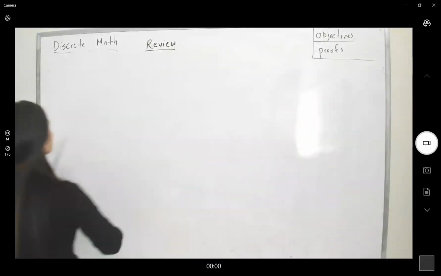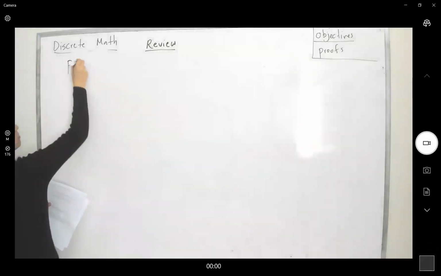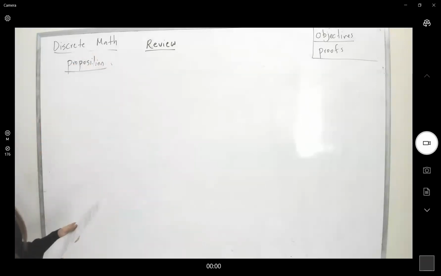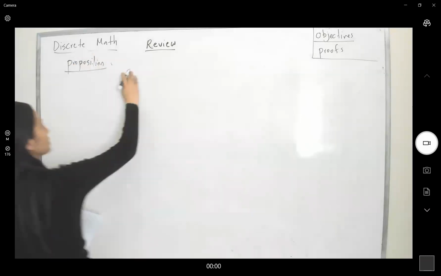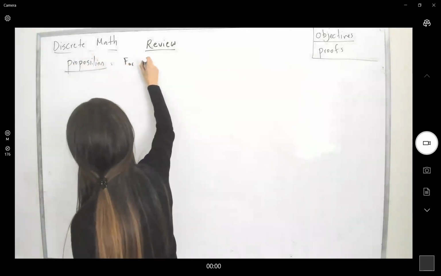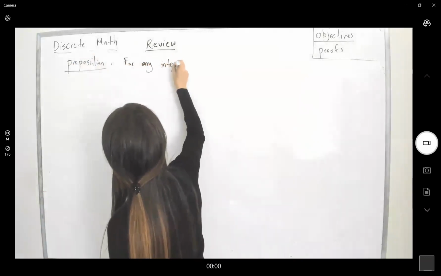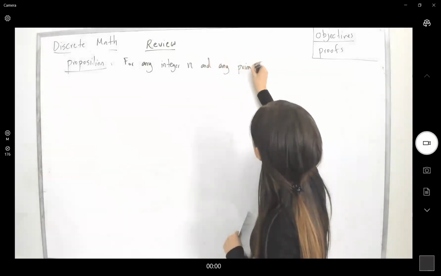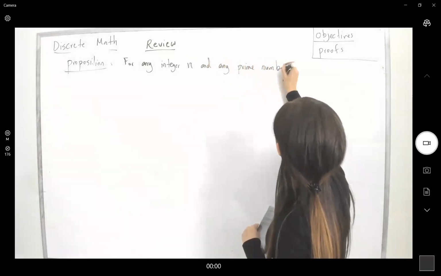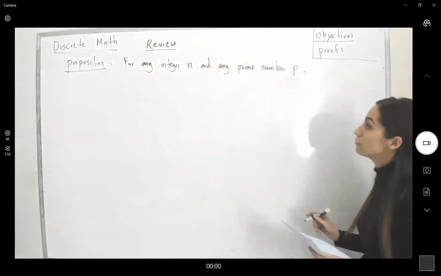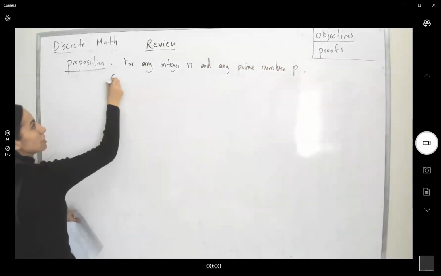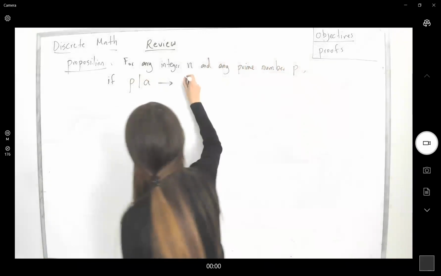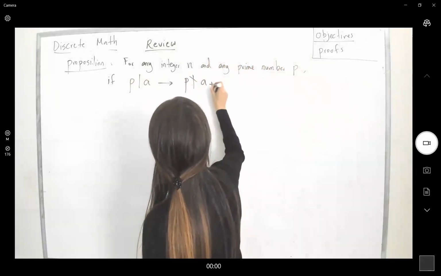This proposition says, for any integer n and any prime number p, if p is a factor of a, then p cannot be a factor of a plus 1.